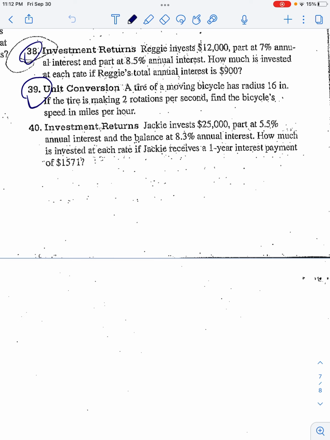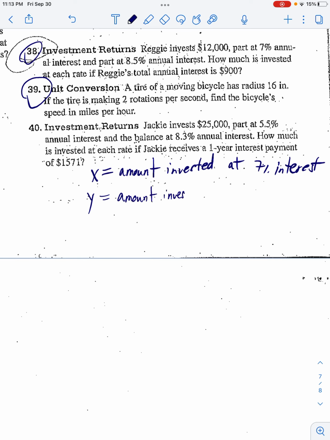My first variable, x, is going to be the amount invested by Reggie at 7% interest. And I'll let my y be the amount invested at 8.5% interest.